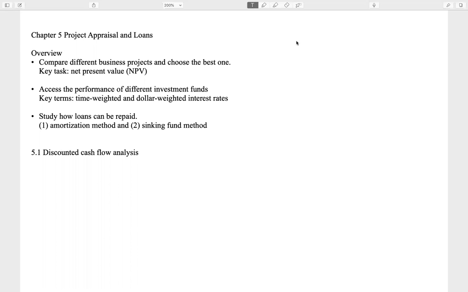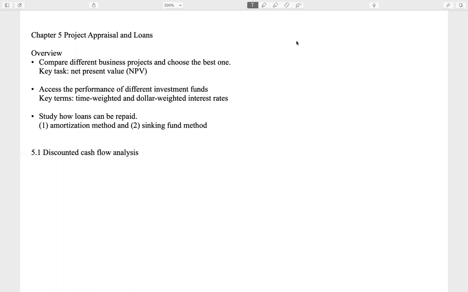This is very realistic because for many companies, there are different projects available, but due to budget concerns, the company won't be able to undertake all of them. It's very likely that the company has to pick one or two, the best one or the best two. How does the company make the decisions?